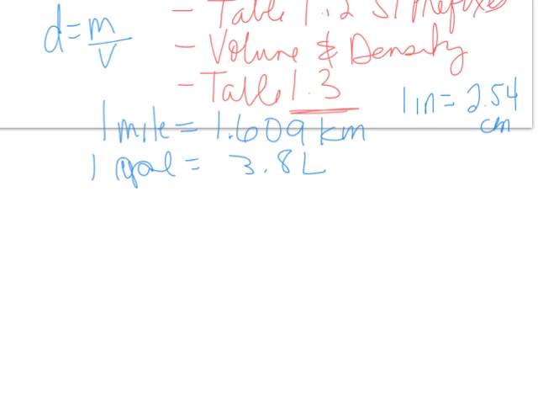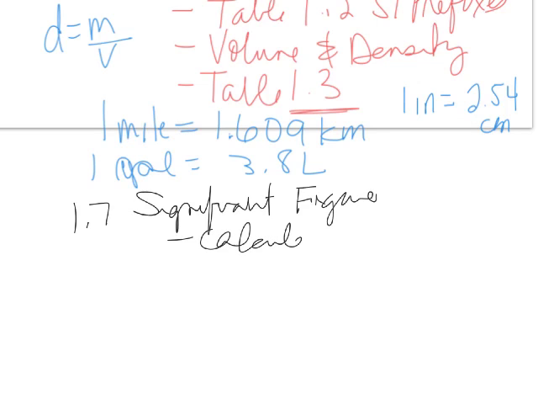Okay, something else you'll need to know is section 1.7, which is talking about significant figures. So we've done a little bit of work on significant figures. So read that section and do the problems associated. Make sure you understand significant figures and how to do them in calculations.